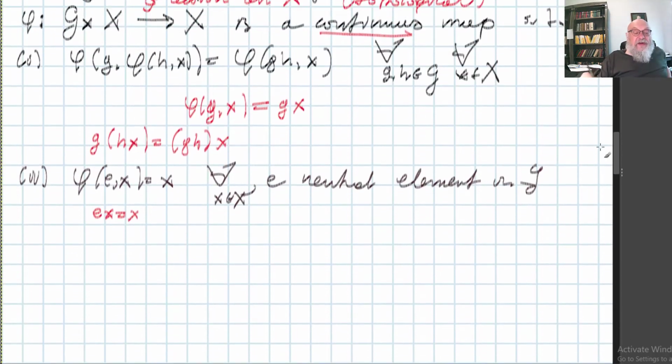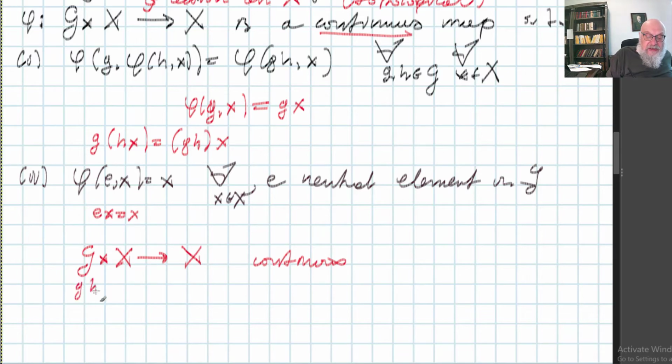To be more precise, such an action is a map G times X to X satisfying this property: it is continuous, and then you have g(hx) equal to (gh)x.